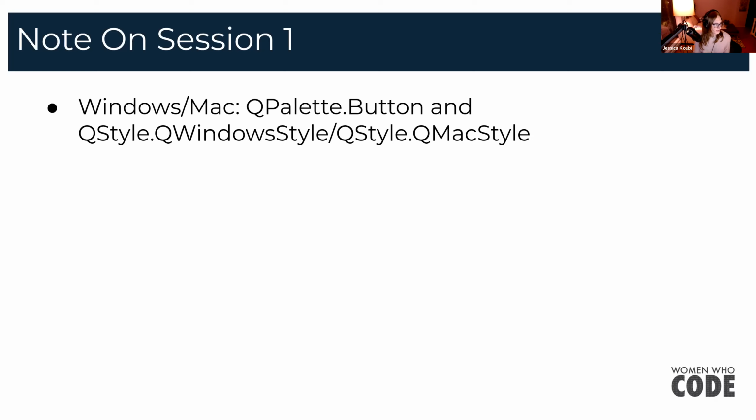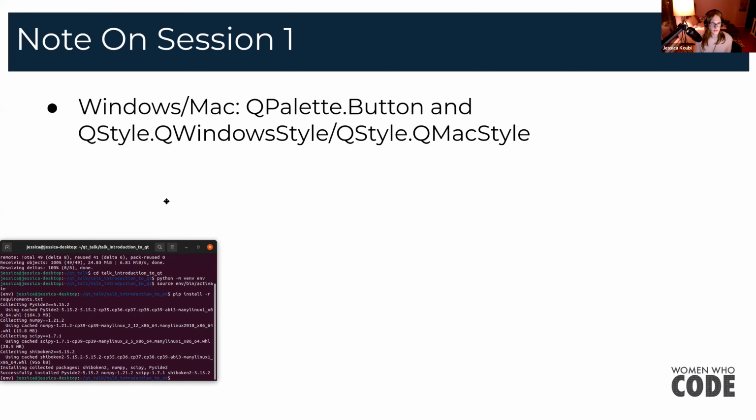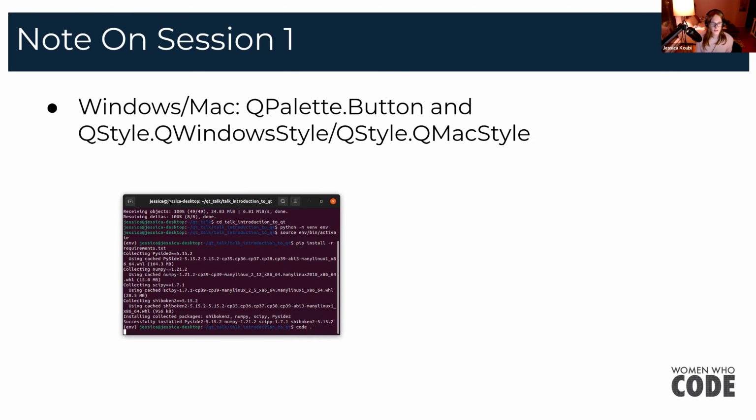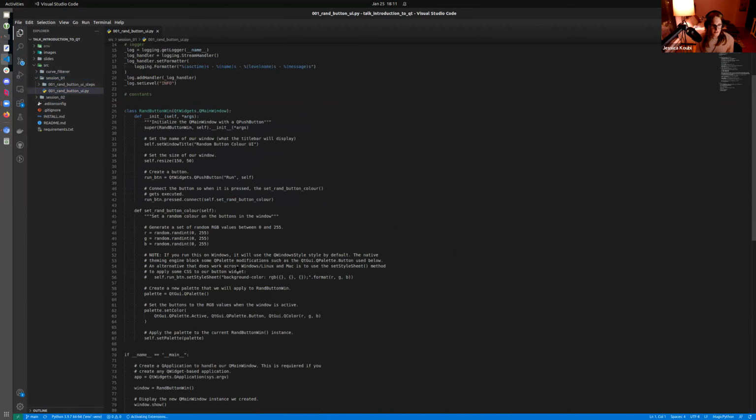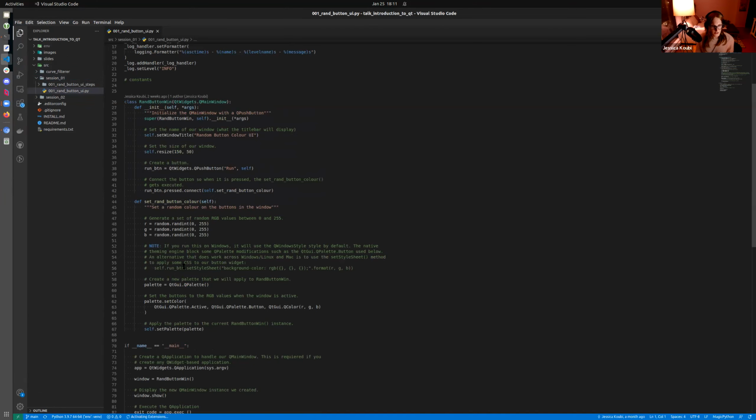There is a workaround that I'm going to show you right now. One of the workarounds is to basically use style sheets to set the background color. That's going to work on Windows, Linux, and Mac as well.